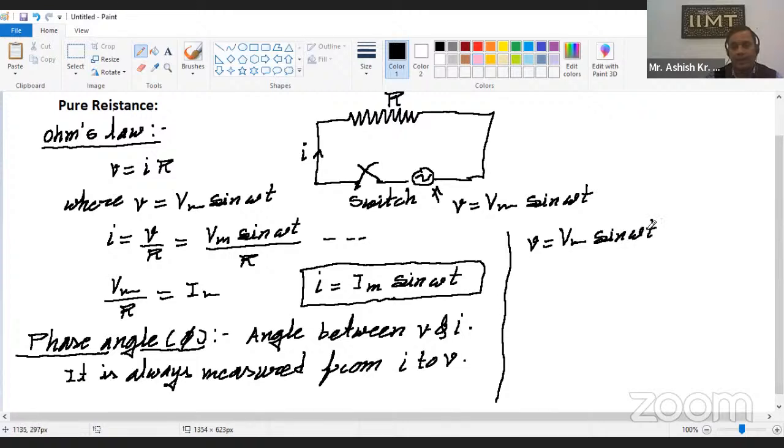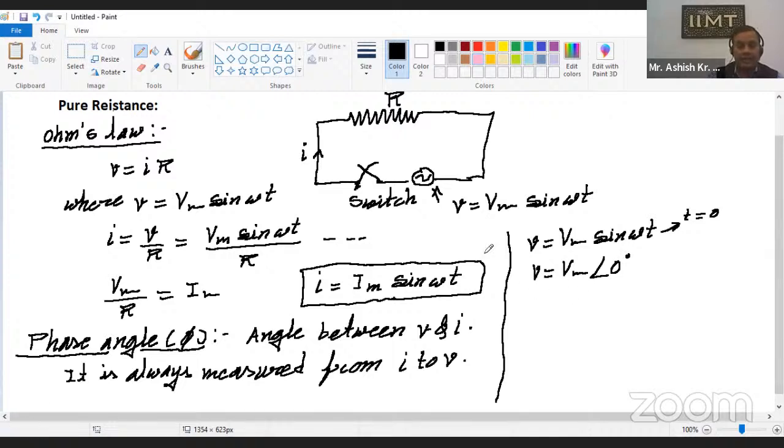When we are talking about angle, we calculate angle by putting small t equals 0. We can easily calculate the angle subtended by a particular voltage or waveform. Here the magnitude of voltage, the maximum value of voltage, is Vm, and the initial angle, when we put small t equals 0, becomes 0 degree.